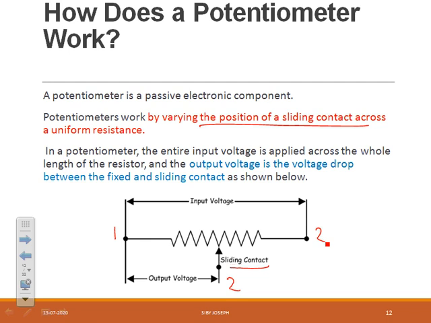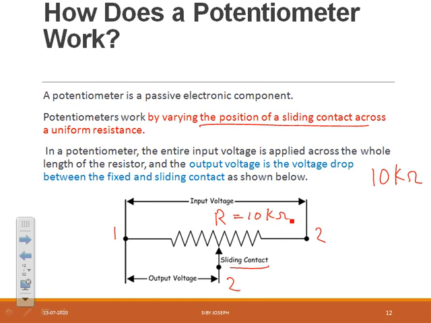The resistance across the two fixed terminals is fixed, and that resistance is represented by R. For example, if the potentiometer is 10 kilo ohm, then the value of R is equal to 10 kilo ohm.